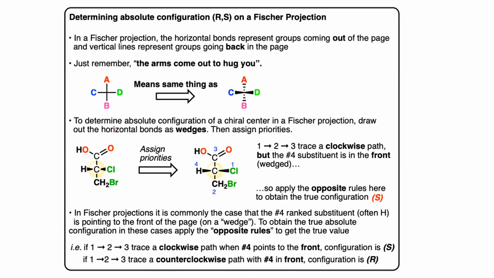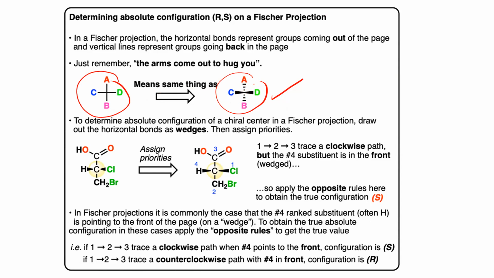Then how do you determine the absolute configuration, R or S, on Fischer projections? It's the same as when you draw the molecule using horizontal and vertical lines: C and D as wedges coming towards you, and A and B as dashes going away from you. Remember, this is very important.